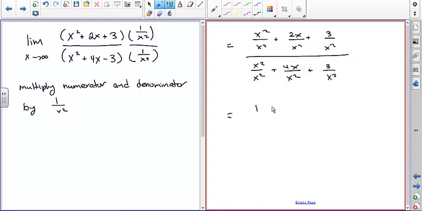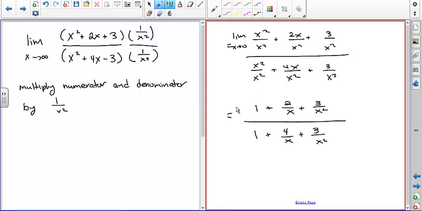So you get 1 plus 2 over x plus 3 over x squared. And we're taking the limit here, the limit as x goes to infinity. And then you got the denominator. You got 1 plus 4 divided by x plus 3 divided by x squared. And you take the limit as x goes to infinity.